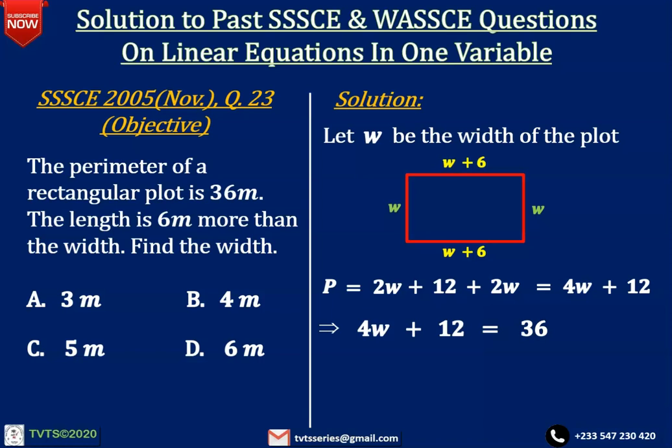Grouping like terms, we have 4W on the left-hand side and 36 minus 12, which is 24, on the right-hand side. Dividing both sides by 4, we have W to be 6. Therefore, the width of the rectangular plot is 6, making option D the correct answer.